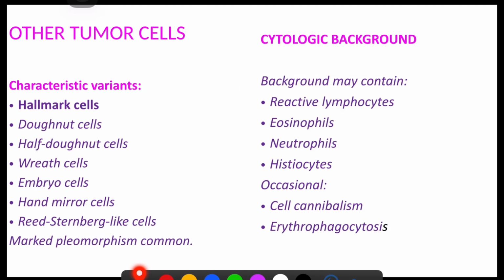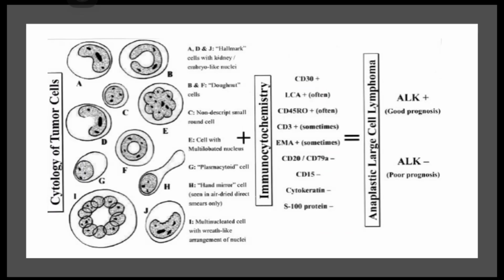Other tumor cells other than hallmark cells are donut cells, half donut cells, red cells, embryo cells, hand mirror cells, and RS cell-like cells. So marked pleomorphism is common, and in background you can find reactive lymphocytes, eosinophils, neutrophils, histiocytes, sometimes cell cannibalism, and erythrophagocytosis may be present.